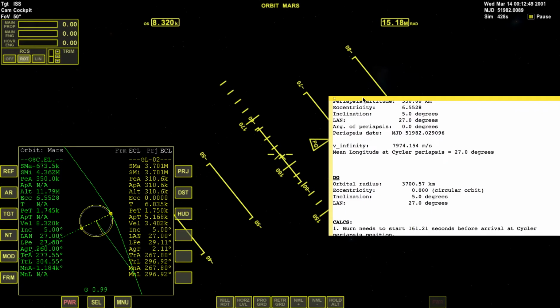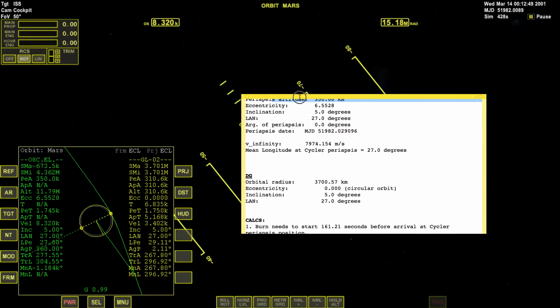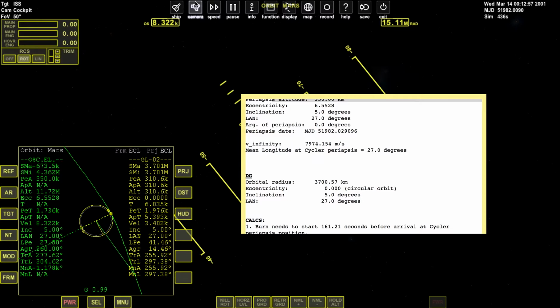Let's boot things up, take Orbiter out of pause. We are currently in the ISS point of view. We really want to go over now to the Delta glider, which is currently in a parking orbit.